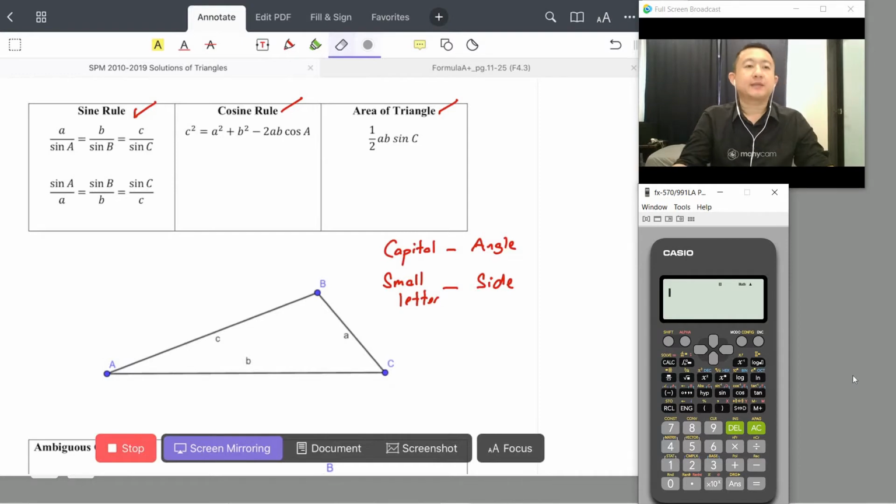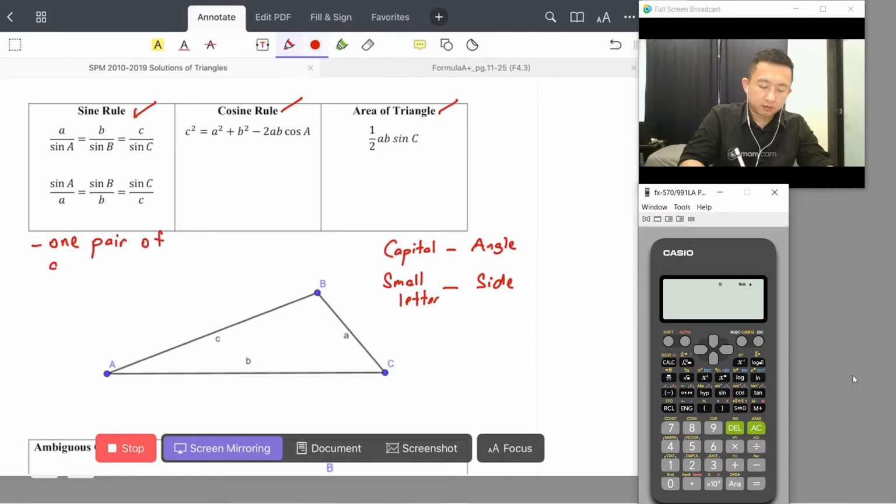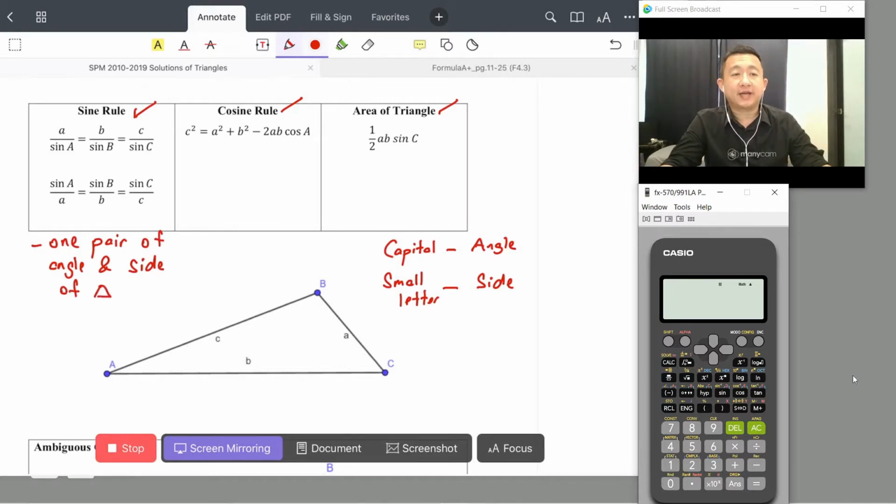And you might ask, when do we use the sine rule? When you have at least one pair of angle and side of the triangle, you can apply the sine rule.